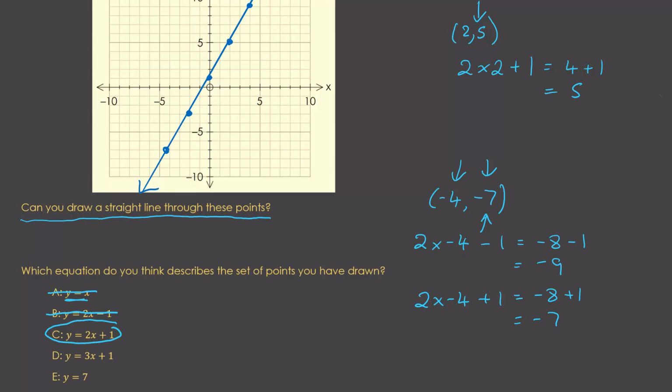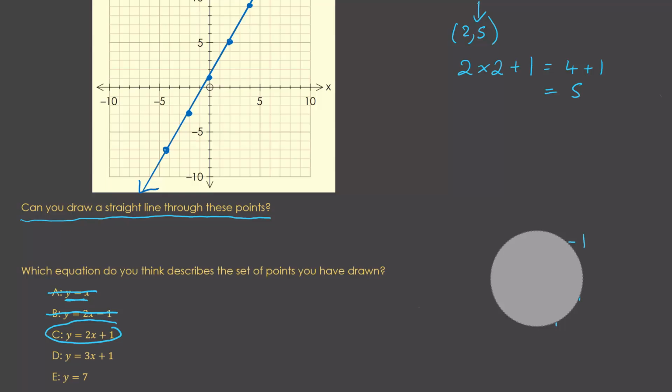Now let's just check that the others don't work. I'll go with this point 2, 5 here. So if I'm checking y equals 3x plus 1, I take the x coordinate, which is 2, multiply it by 3 and add 1. That gives me 7, so that doesn't work.